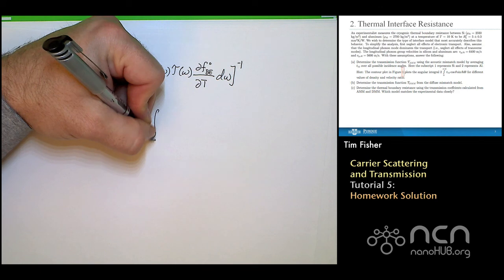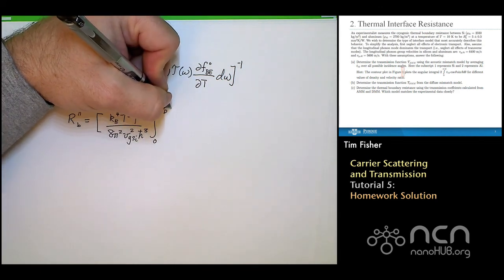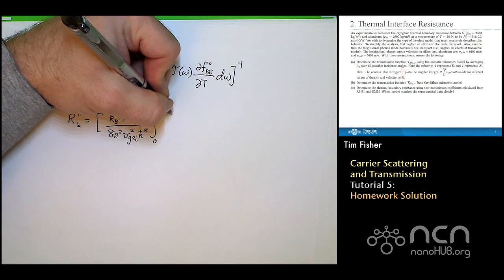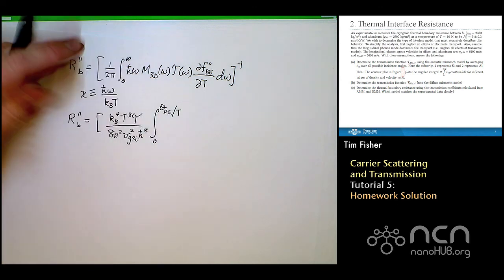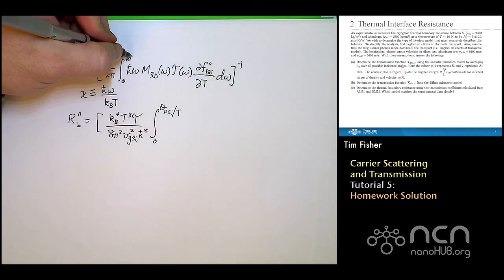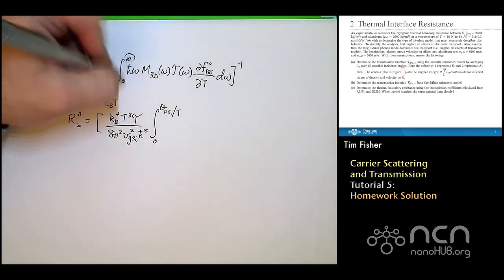And we're going to integrate up to the Debye temperature in silicon, the normalized Debye temperature in silicon. Now, there's a nuance here. You'll notice that I had an upper limit of infinity here before, and really that's a general term.